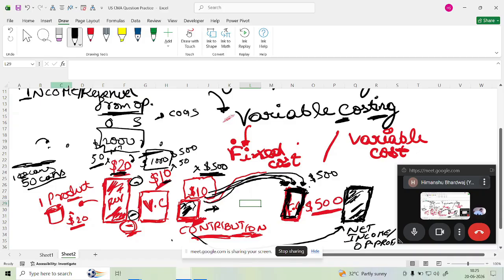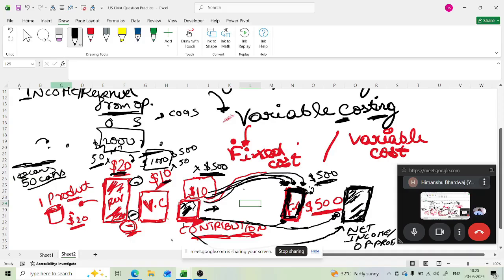Now, contribution has to do two things. First step, and it should be in order, is to fill this bucket, which is fixed cost. After fixed cost absorbs everything it can, the rest of the money should go into our operating profit and net income bucket.